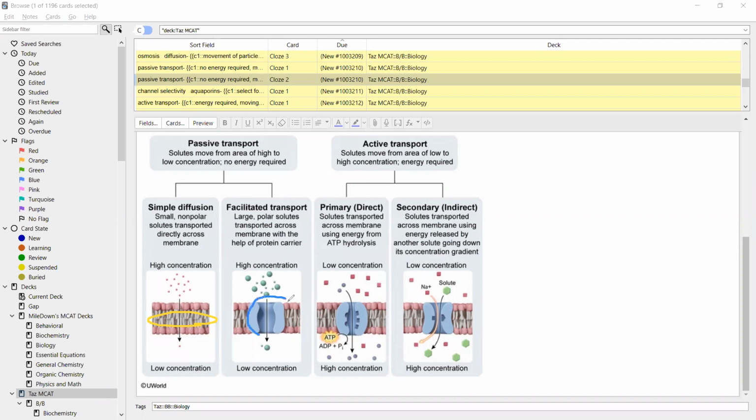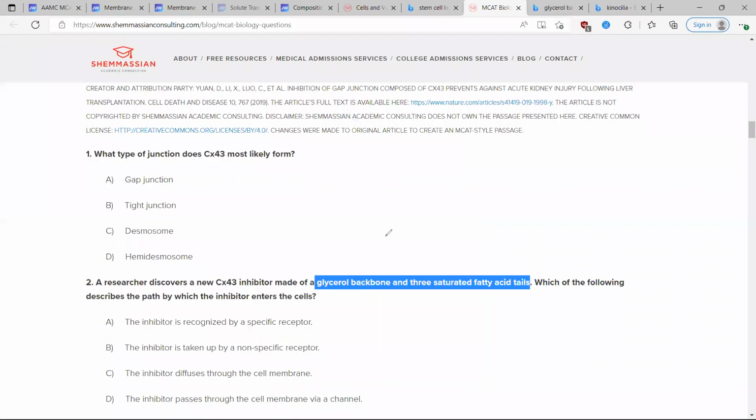For polar stuff, they need to go through a carrier protein. For non-polar stuff, they can just go straight through. So if we're looking at this question, they said a glycerol backbone and 3 saturated fatty acid tails. So that means that thing overall is nonpolar. So if it's overall nonpolar, would it go through a receptor or would it go straight through?